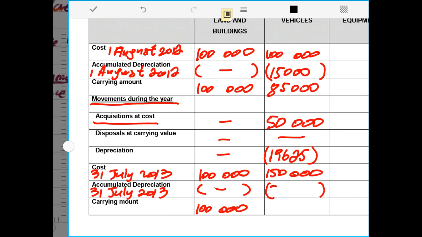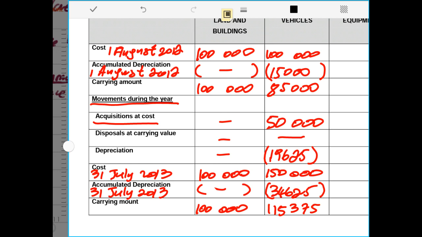We write that, 34,625 rands. If you strike the difference between the two, 150,000 rands minus 34,625, that gives you 115,375 as the carrying amount of the motor vehicles at the end of this accounting period.